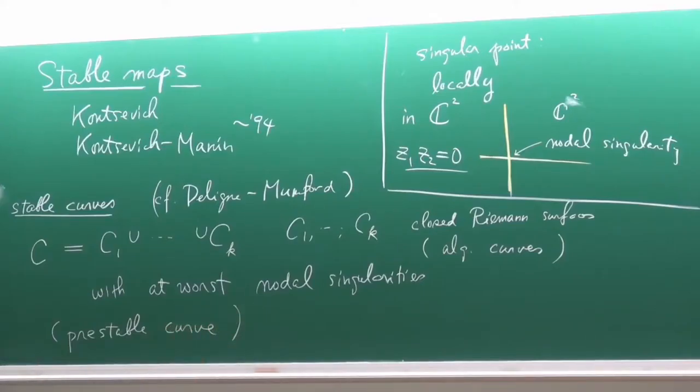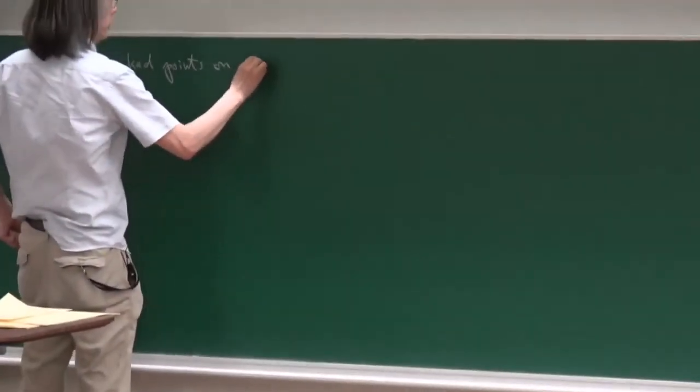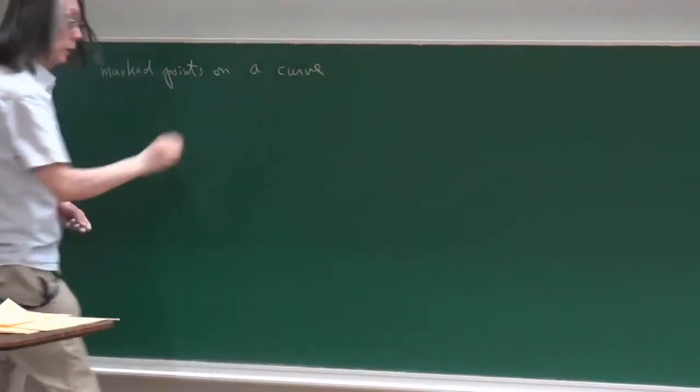And now I define the automorphism, right? Or maybe we may also have a marked point on a curve, or on the Riemann surface, right?